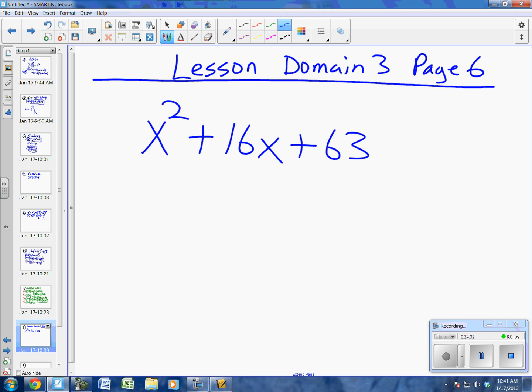It's not a quadratic equation. What's the difference between a quadratic expression and a quadratic equation? An equation has an equal sign. That's exactly right. I don't know why they didn't teach us using quadratic equations instead of quadratic expressions, but this is the way they want me to do it, so I'm going to do it this way. Now, we were just doing this a few minutes ago with those quadratic lookalikes.